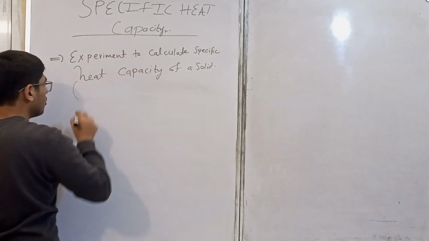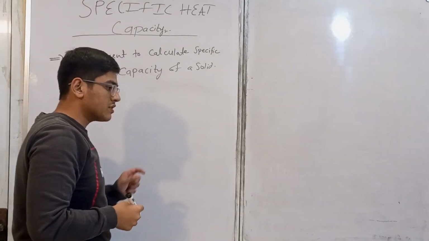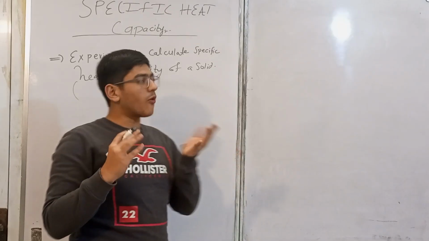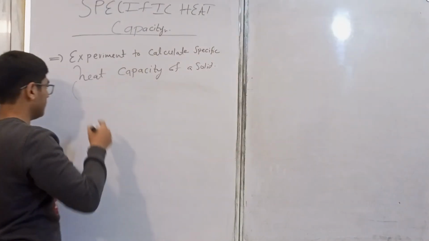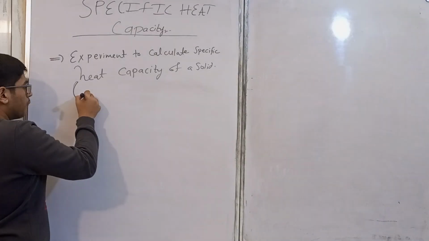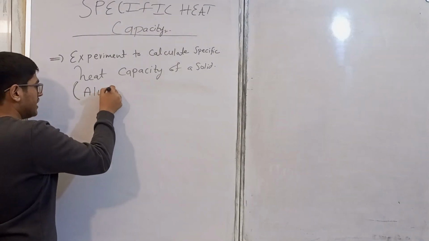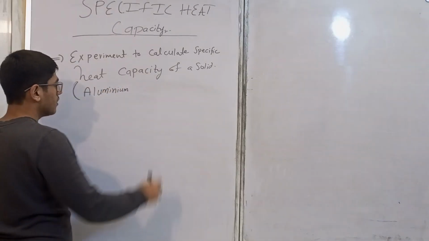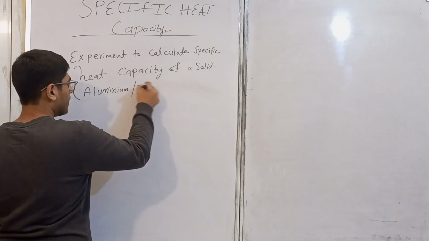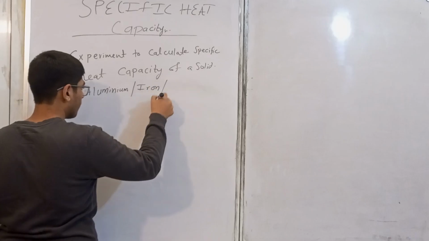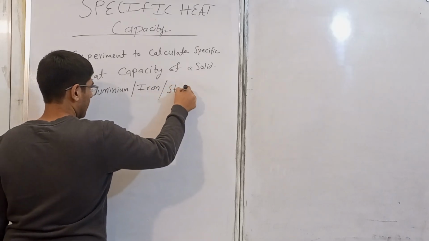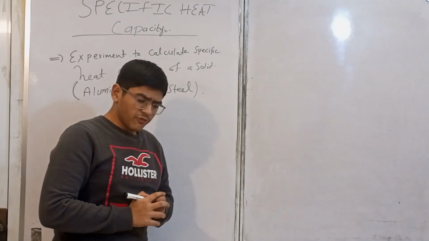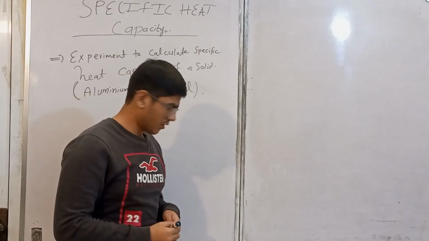Now the examiner can give you multiple metals, because in it we have to conduct electricity for determining the specific heat capacity. Mostly he gives you aluminium, or he can also give you iron or steel. But irrespective of the material of the solid, the experiment will remain the same.